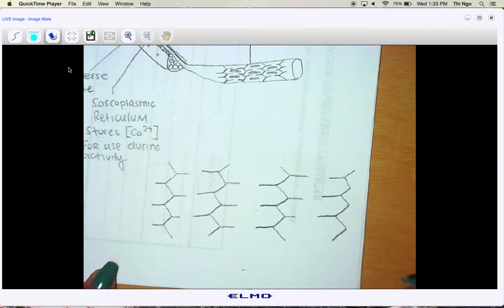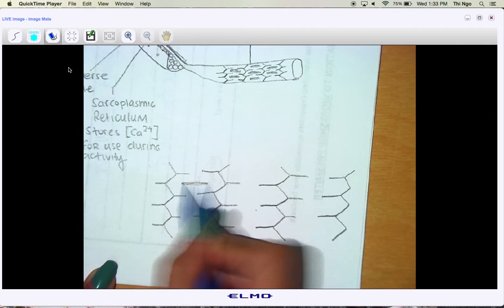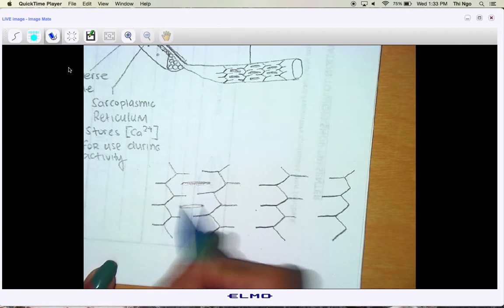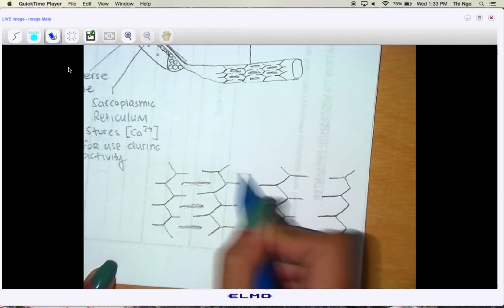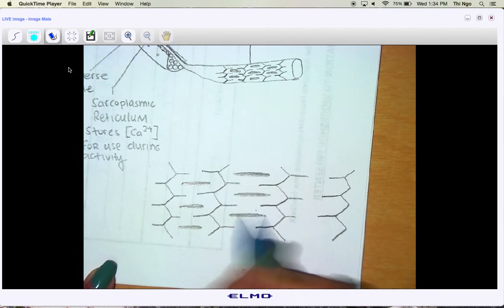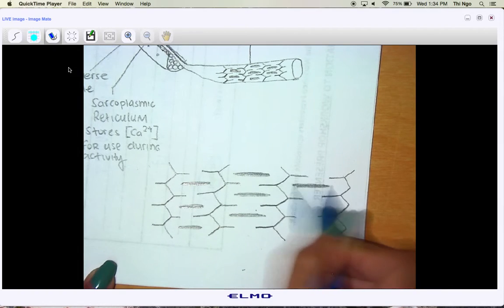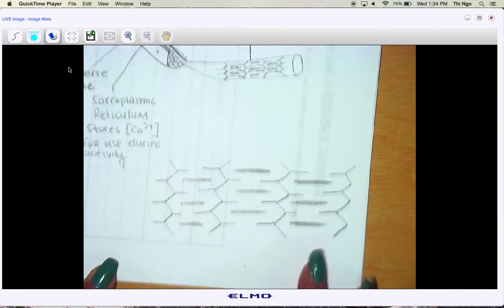And in between the actin filaments, you have myosin. So I'm going to go ahead and label that.